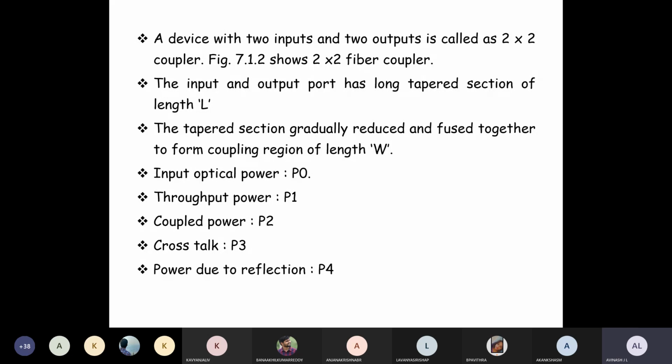In these construction details, the next thing we need to understand is that the input optical power port is P0, throughput power is P1, coupled power port is P2, and crosstalk port is P3. The power due to the reflection is P4. This P4 will be available in the input optical power port only.